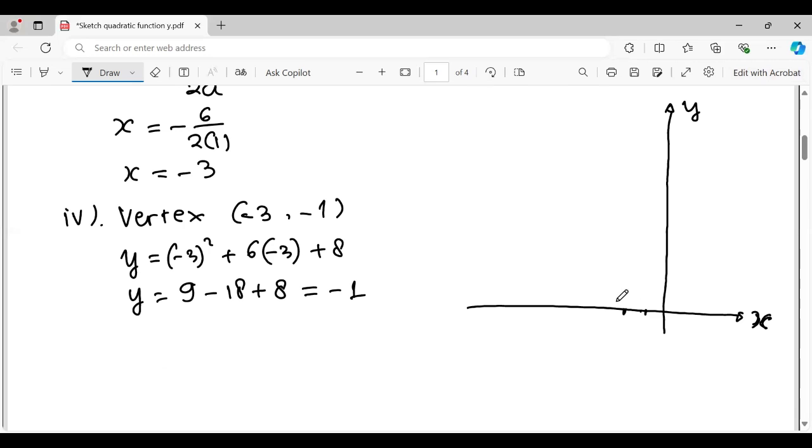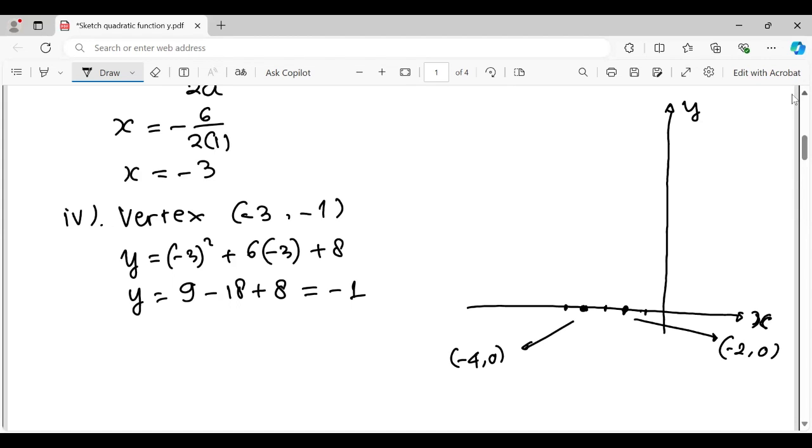Minus 1, minus 2, minus 3, minus 4, minus 5. So this is 2, and this is minus 2, and this is minus 4. Minus 4, comma 0, and this is minus 2, comma 0.